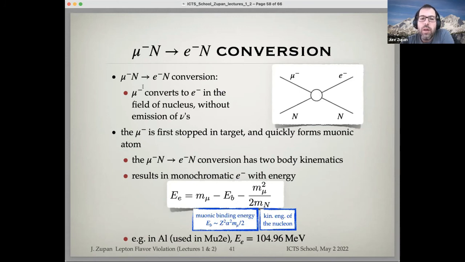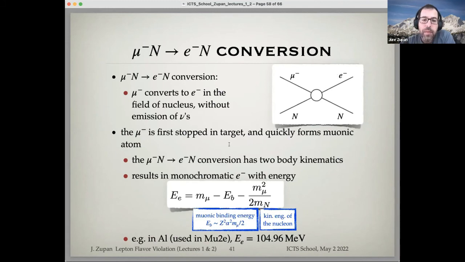So mu to e conversion is a mu minus that converts to an electron, e minus, in the field of the nucleus, but without any neutrinos. If you have neutrinos, that will be a Standard Model capture. So no neutrinos is crucial. You need to make sure that no neutrinos were emitted, and then you measure this electron going out.